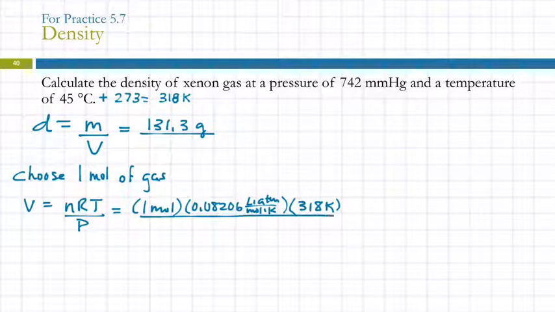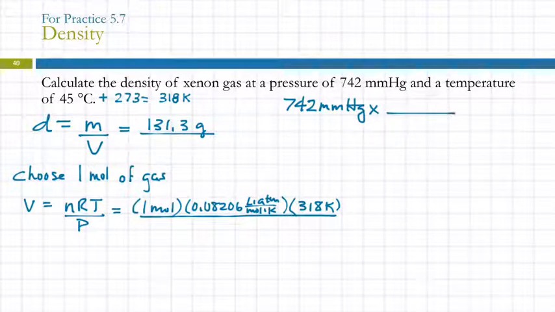All of that divided by the pressure. Oh, they weren't nice to us on that either. 742 millimeters of mercury. I need this in atmospheres because that's the unit in the ideal gas constant. 1 atmosphere is exactly equal to 760 millimeters of mercury.